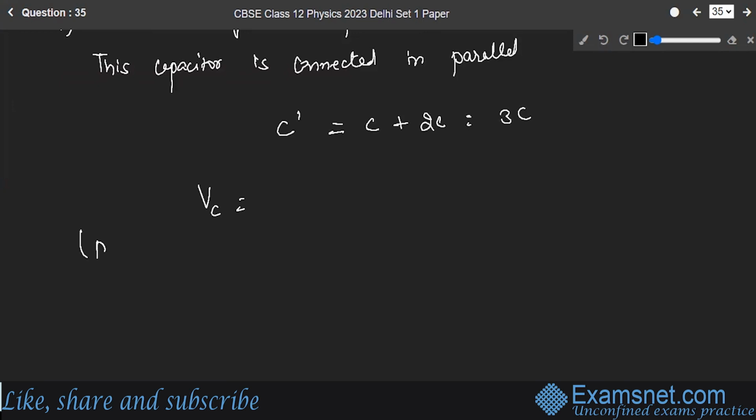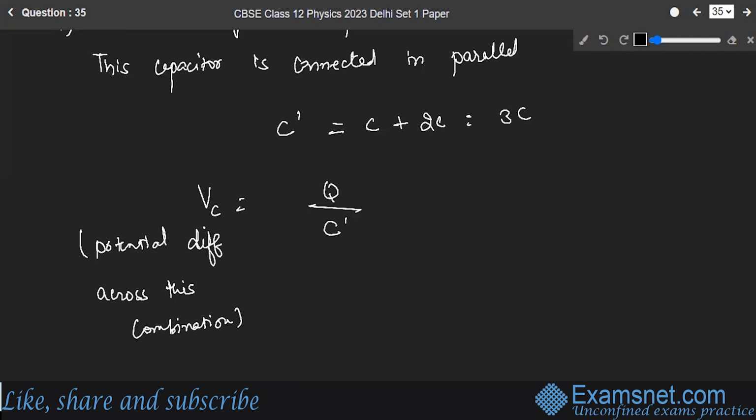Right. So you have VC, the potential difference across this combination. The potential difference across this combination is given by VC is equal to Q upon C dash, that is equal to Q upon 3C.